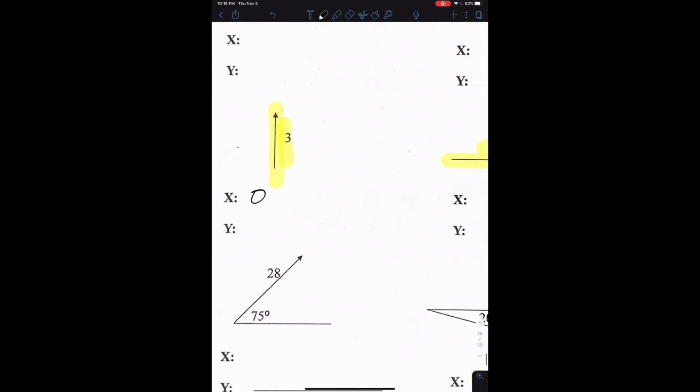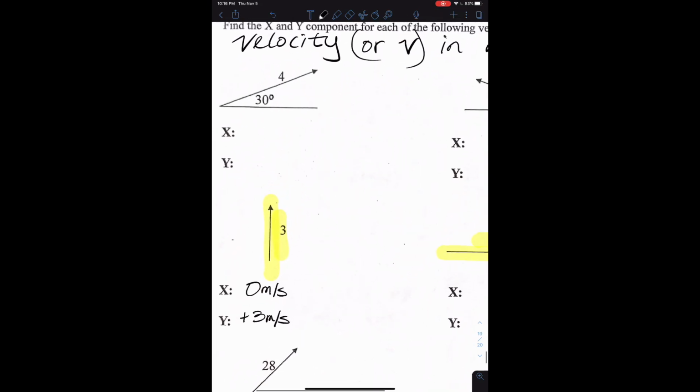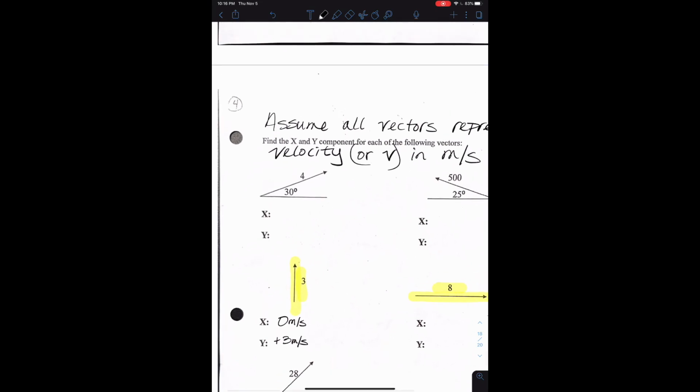So the x velocity here will be 0 meters per second, and the y velocity will be positive 3 meters per second, the positive indicating up. So that's another thing we'll assume. We'll assume that the vertical positive direction, positive y, is up, and that negative y is down. We'll also assume that positive x is right and negative x is left.